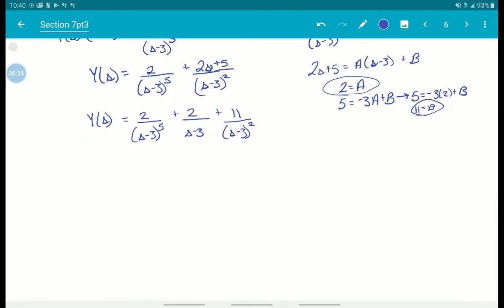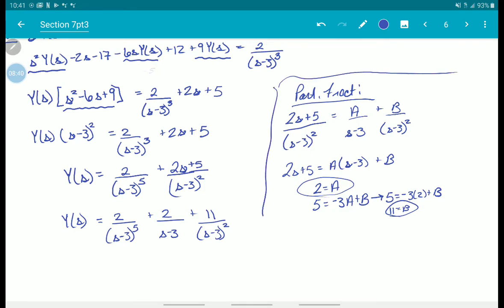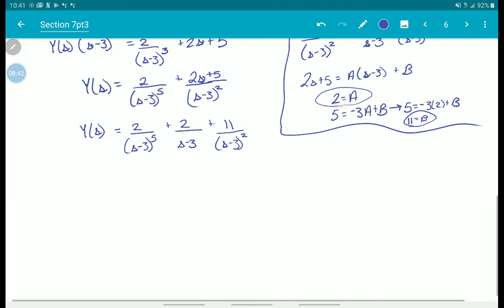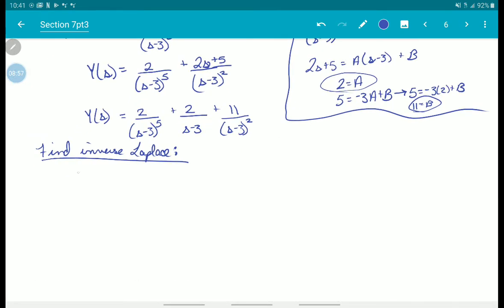Now we've got to take the inverse Laplace. So we're in Laplace world. Now we have to go back home to our regular rectangular world.